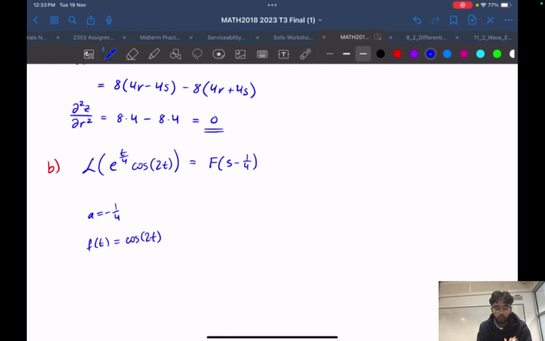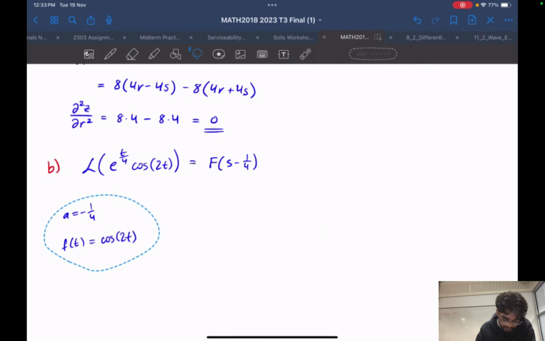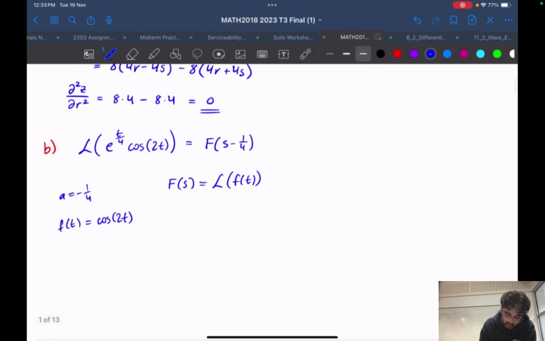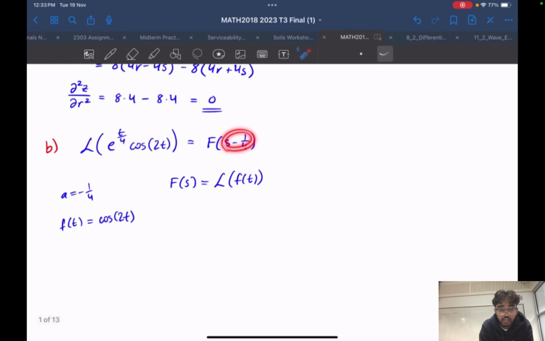Okay, but what is f of s minus 1 over 4? First of all, we know that f of s is equal to the Laplace transform of f of t, and then we can pretty much just substitute in s minus 1 over 4 for s. So I'll quickly show you what I mean. Let's substitute some things in.